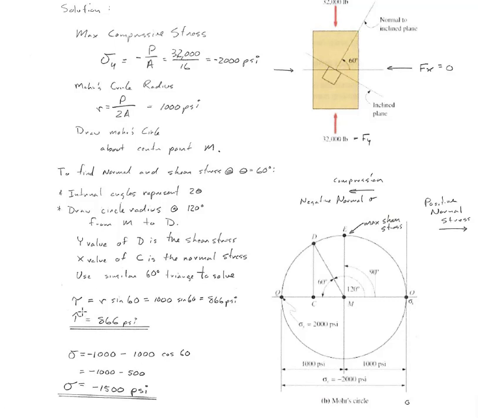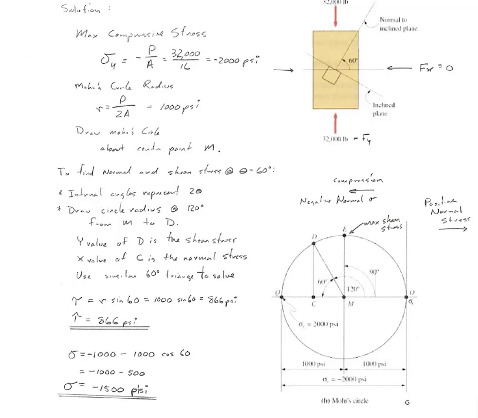Okay, so we're going to use our trigonometric functions. So tau, our maximum shear stress, equals R sine of 60. That's just looking at this triangle right here. R sine of 60 gives us this 866, which is our tau.